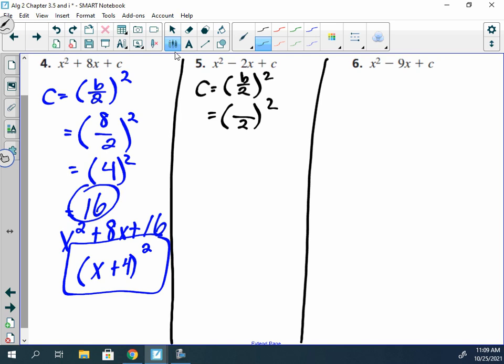X squared minus 2x plus c. So we need to find the value of c. Well, c is still b over 2 squared, and here the value of b is negative 2. Well, negative 2 divided by 2 is negative 1. And negative 1 squared is?